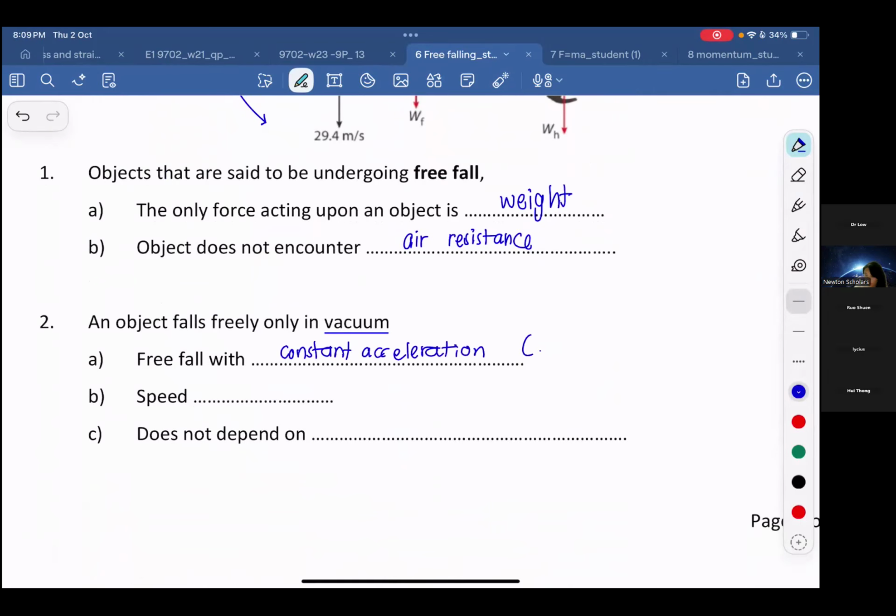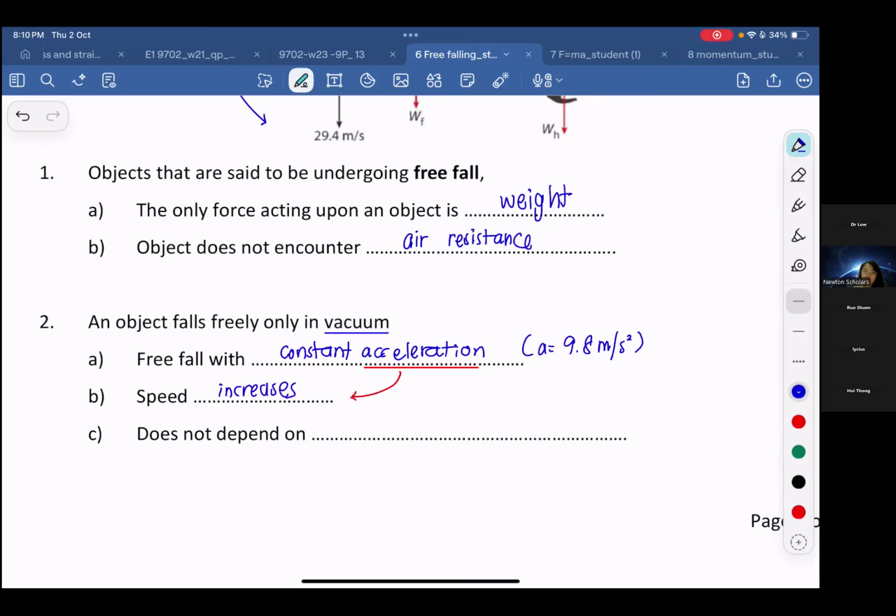They fall with an acceleration of 9.8 meters per second per second. This is the free falling acceleration on Earth, due to Earth's gravity. Acceleration means that the speed is increasing.